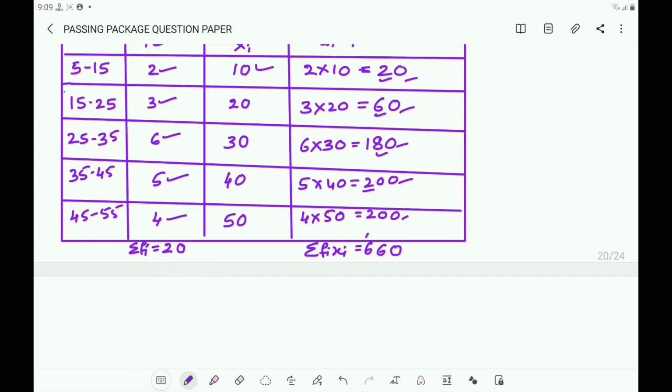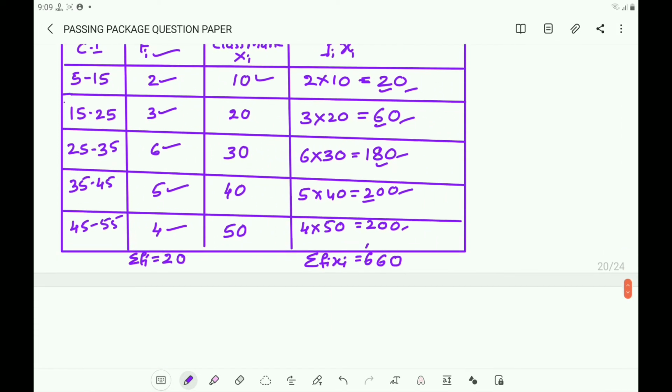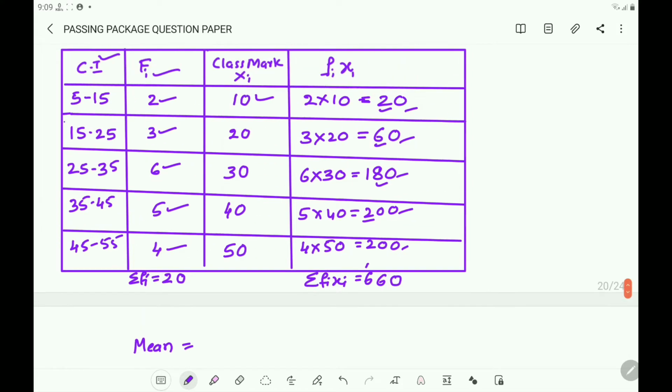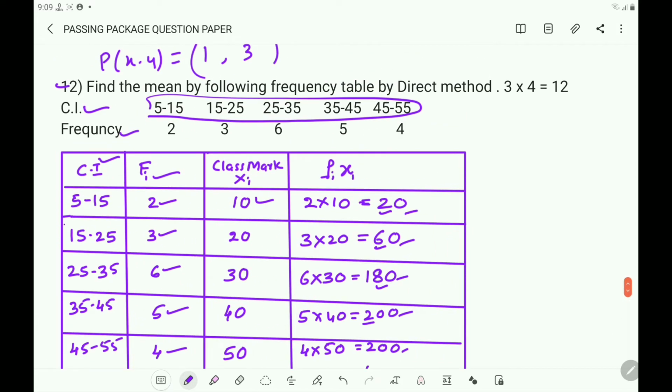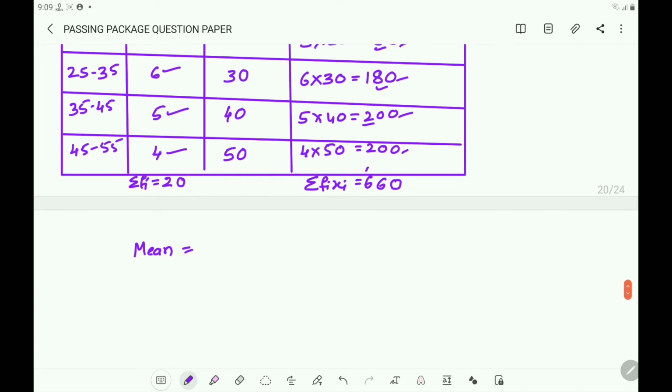Then you write the formula for the mean. This is the direct method, and what is the formula? Mean, that is x bar, equals summation of FiXi divided by summation of Fi.